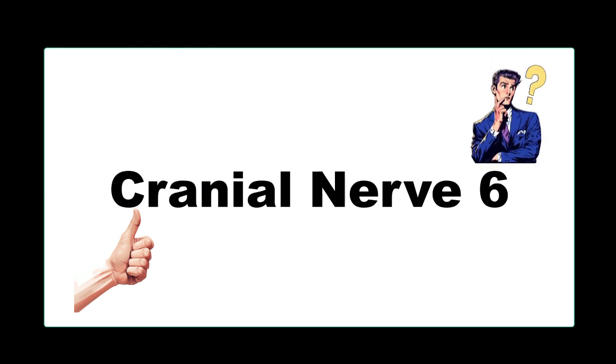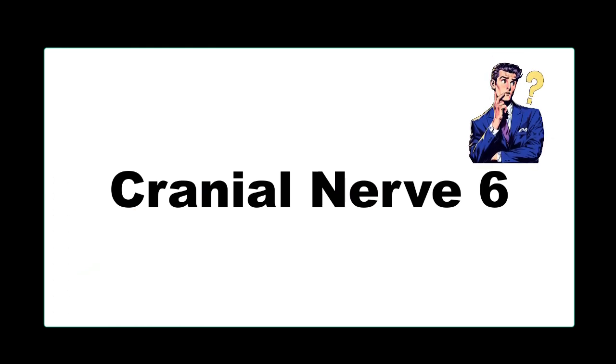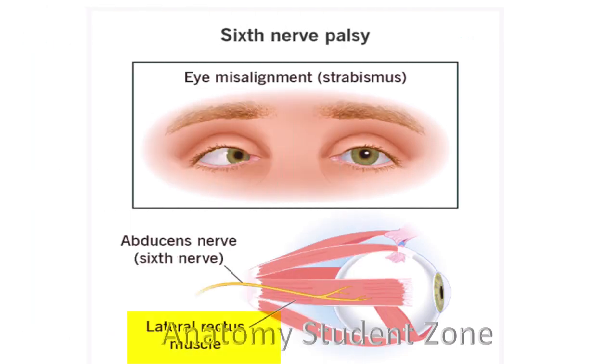Now, if I take a quiz or your viva, and I ask which nerve is affected if a patient can't look laterally, I'm sure your answer will be cranial nerve 6. Why cranial nerve 6? Because cranial nerve 6 or abducent nerve supplies the lateral rectus muscle, and the function of the lateral rectus muscle is to pull outward. So the lateral rectus helps our left eye to look left and our right eye to look right.